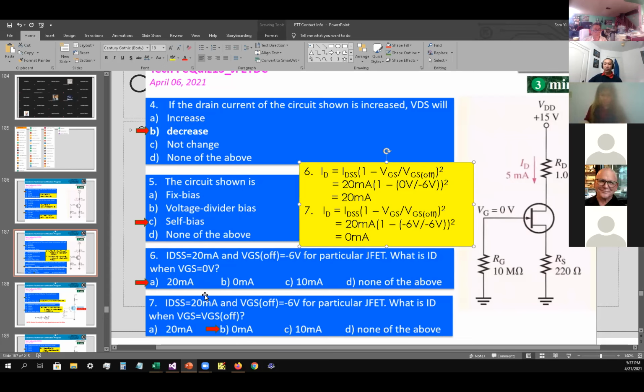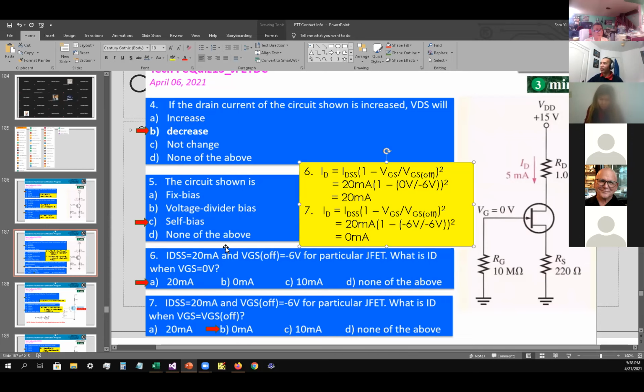Hey Sam, on number 4, there's a little subtlety. When you increase the drain current, VDS doesn't always decrease. It only decreases if RD is greater than RS.